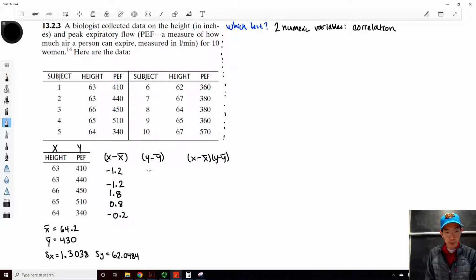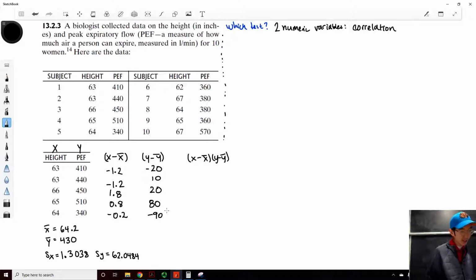For Y, 410 minus 430 is negative 20. Here I get positive 10. 450 minus 430 is positive 20. 510 minus 430 is 80, and 340 minus 430 is negative 90. Sorry, thank you.